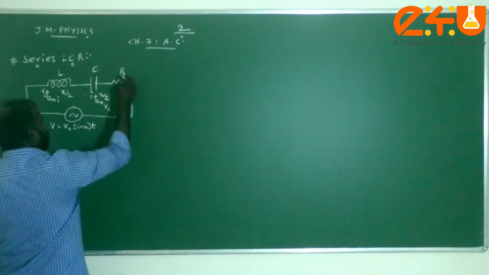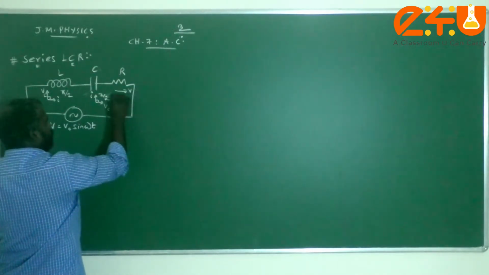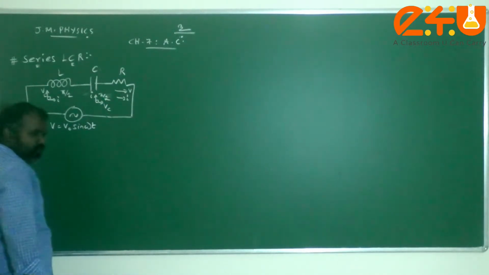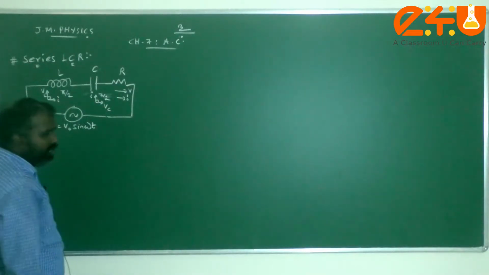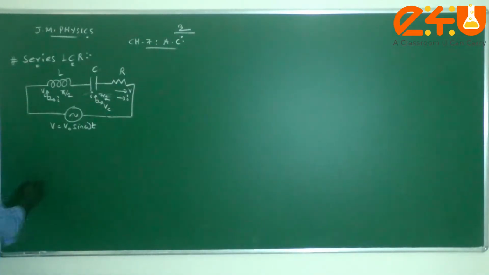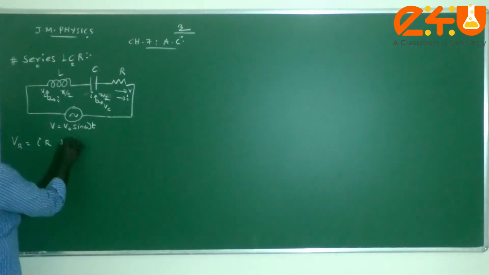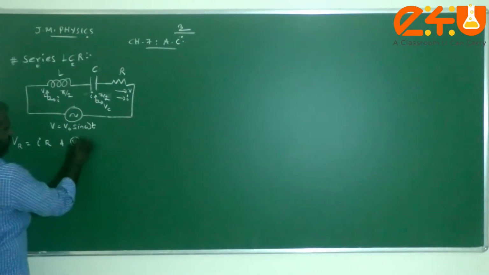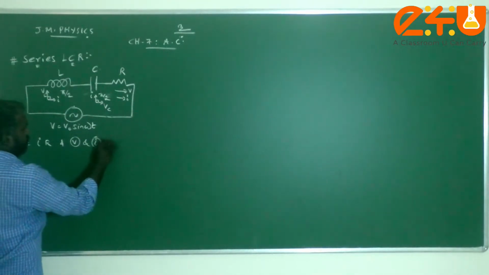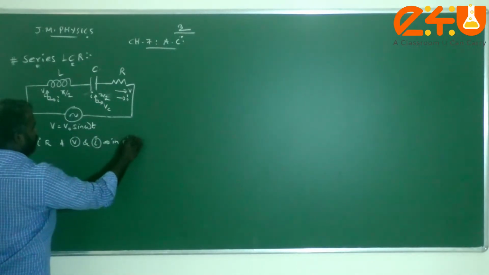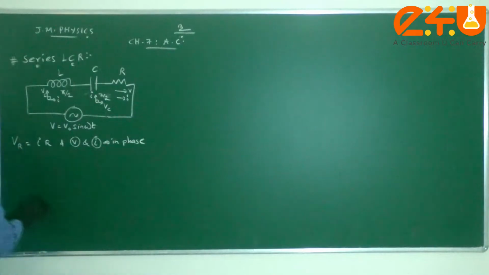But in the case of the resistor, both voltage and current are in phase. Therefore the voltage across the resistor is VR equals I into R, and there is no phase difference.